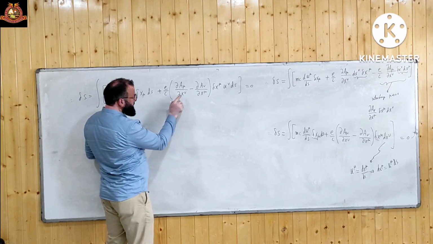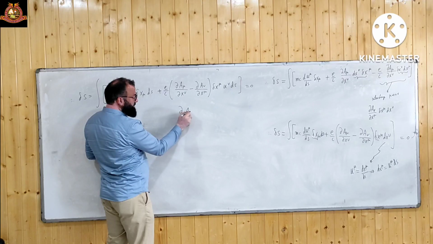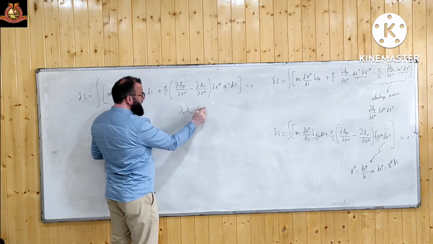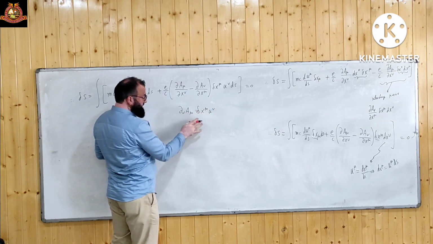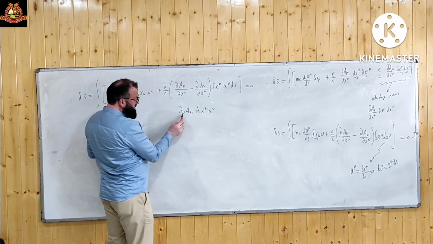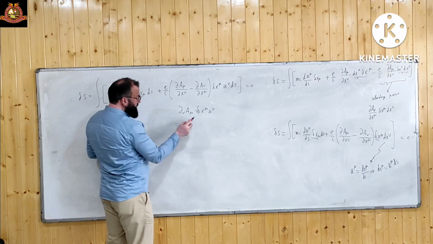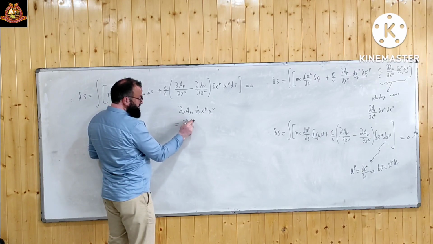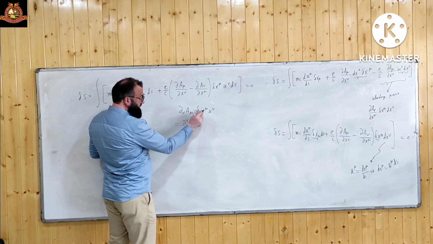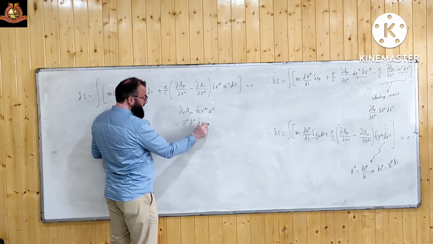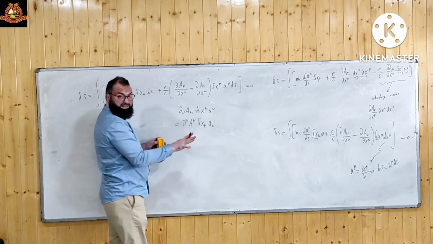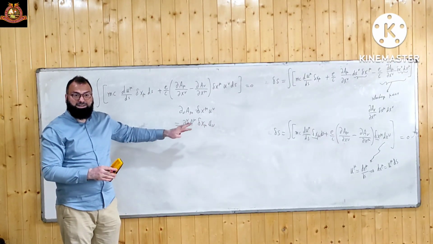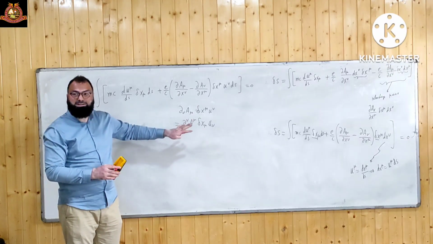So I can put partial mu A mu multiplied by delta x mu. For you people, just to understand it, this mu is a lower index, so I will put it this way: partial mu. This mu I will lower down, delta x mu and u mu. Is it true? Is it okay? Can I do it first?